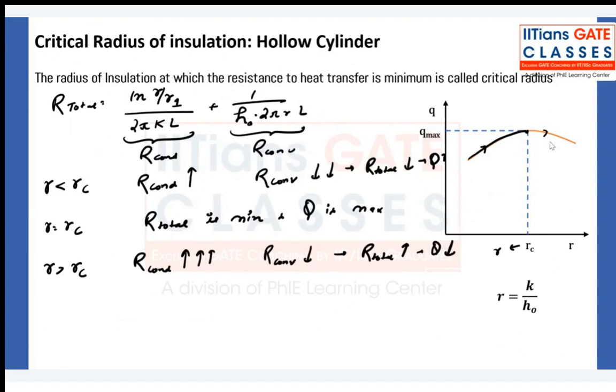Okay, is it clear? So the critical radius is K upon h naught for a cylinder. Clear? Shruti, is it clear?